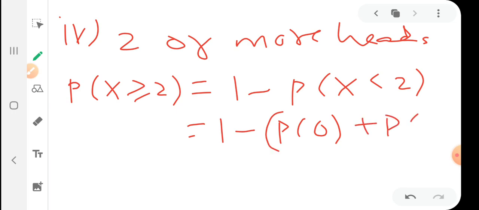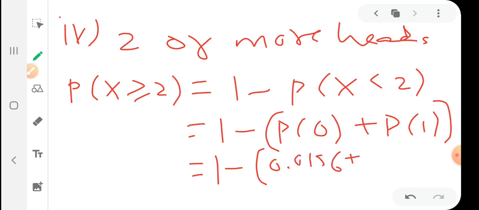plus P of 1. Now both values we have found in our last sheet. If you see, P of 0 we have already found, but P of 1 is the value we have to find. So find P of 1 also. 1 minus P of 0, we have found it is 0.0156.